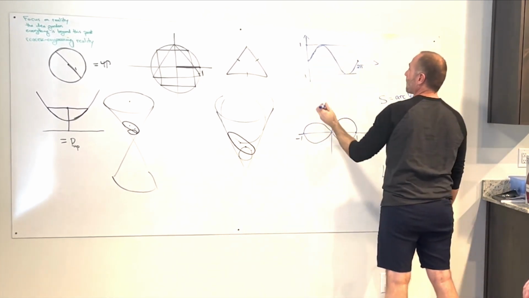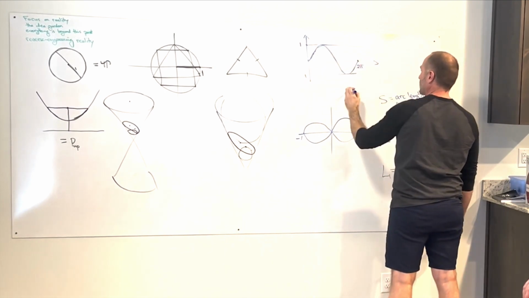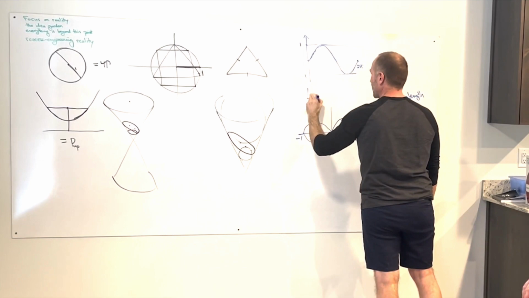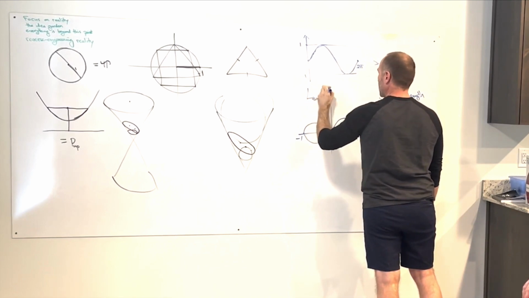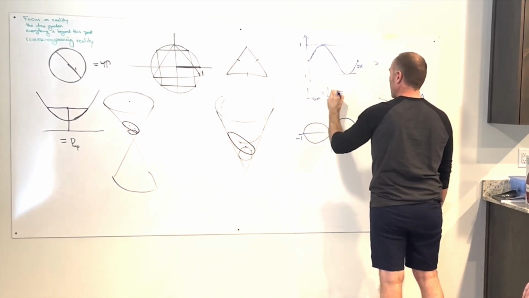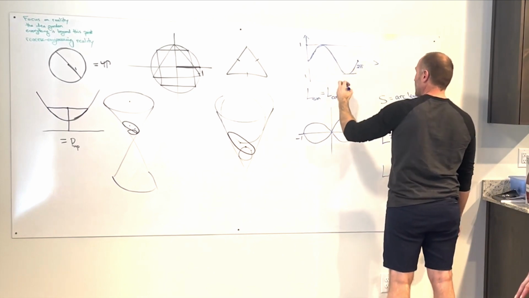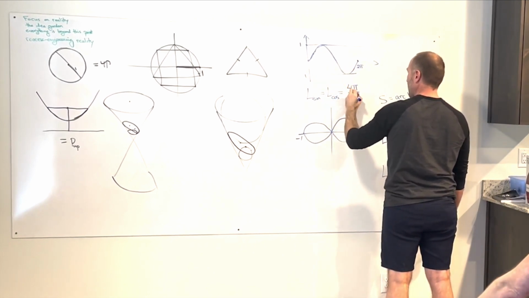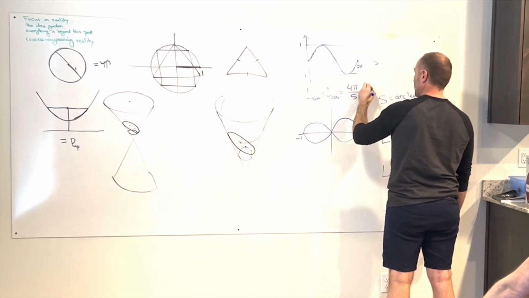What is it? Well, that length right there is equal to, we'll call it the length of this sine wave, or length of the cosine wave, they're equal. That arc length is going to be 4 pi divided by s plus s.